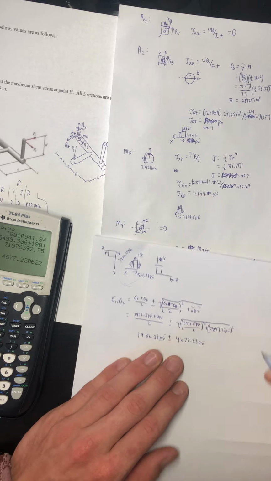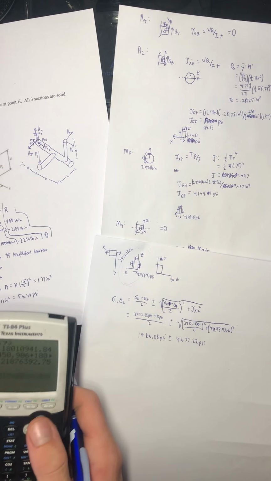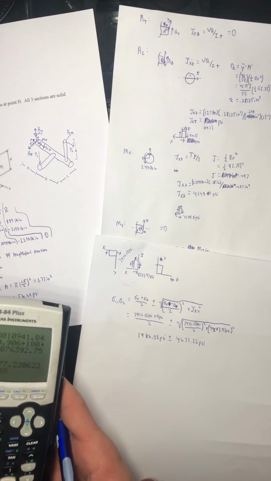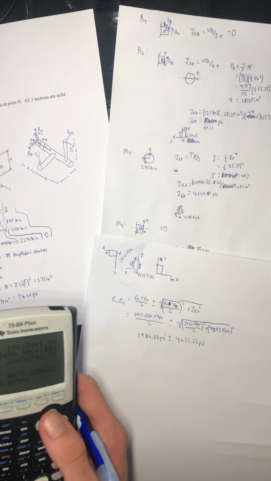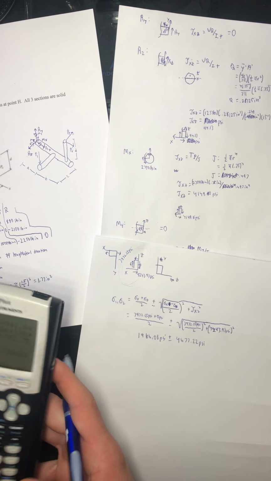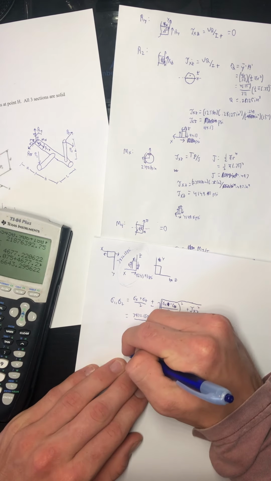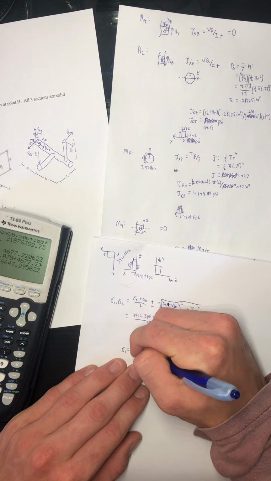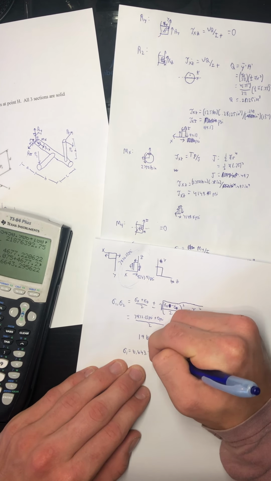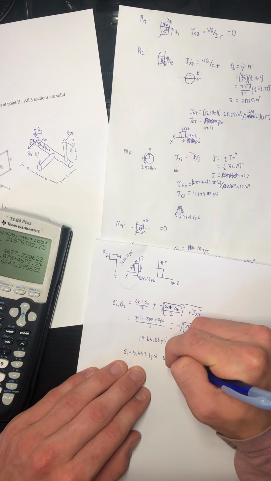4,677.22 psi. So adding those up, we have 1,966.08 plus 4,677.22 gives us a sigma 1 equal to 6,643.3 psi.